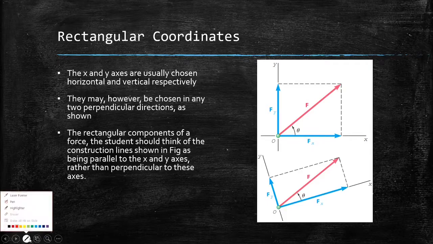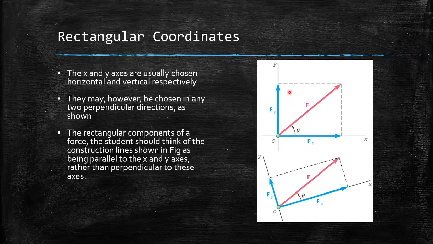So if you ask me how do I get the rectangular components, or even the resolution of a force in any other direction, it would be rather very simple. If you see here, I drop a line parallel to my given y-axis onto the given x-axis.